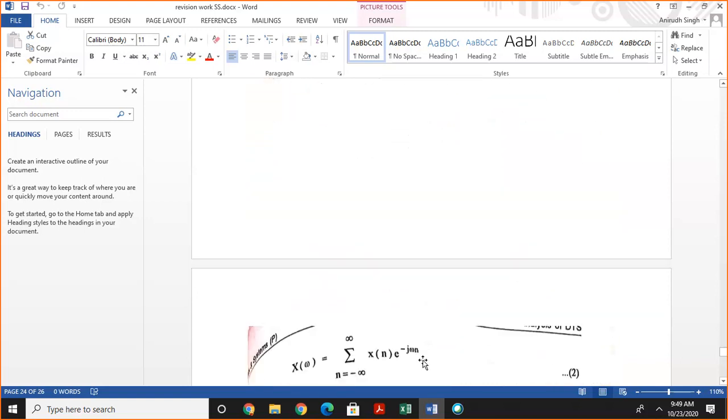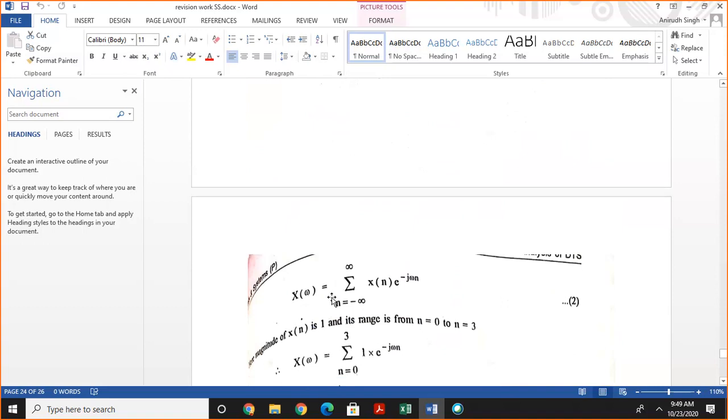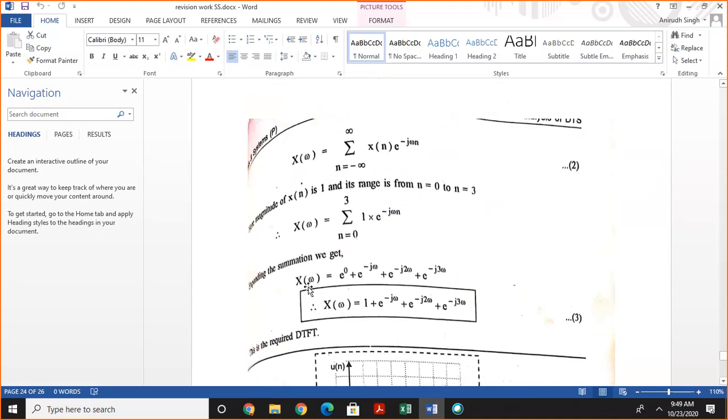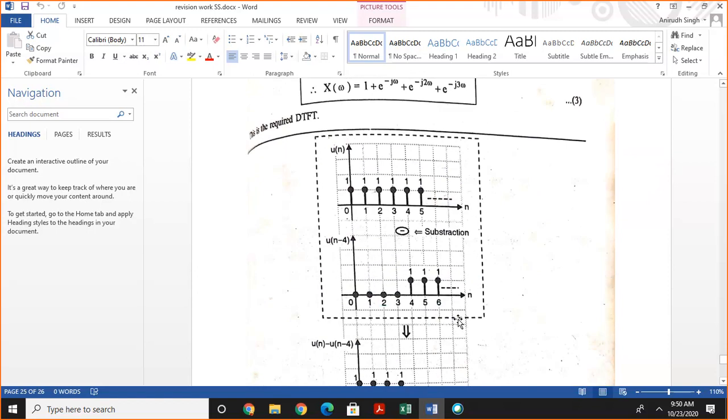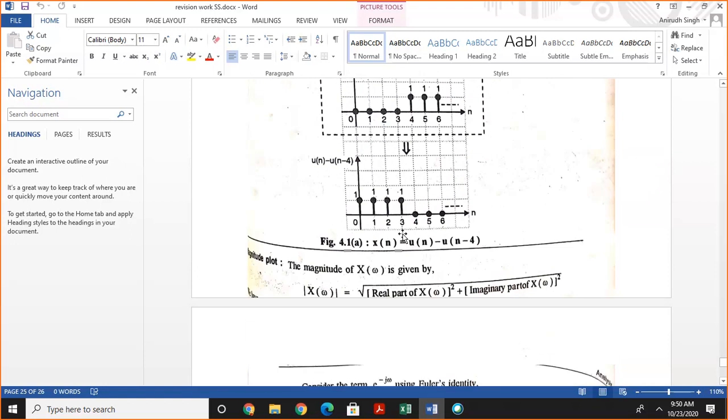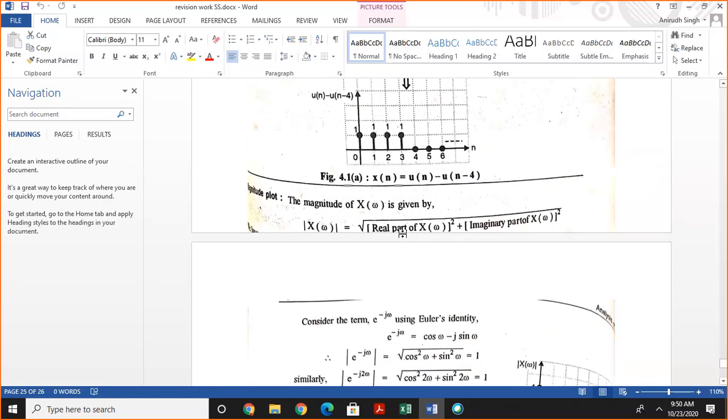Then obtain the DTFT and state the magnitude spectrum of x of n equal to u of n minus u of n minus 4. Clear? Then u of n is the unit step function, and u of n minus 4 is also a unit step function delayed by 4 samples. So when we subtract u of n minus 4 from u of n, we get x of n equal to 1, 1, 1, 1, and that is at this point.